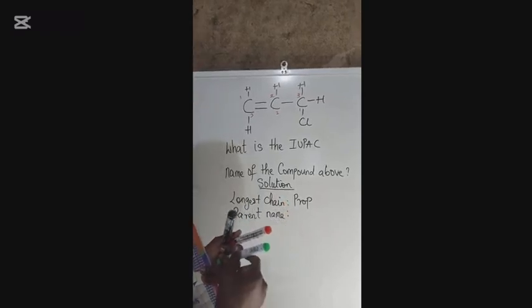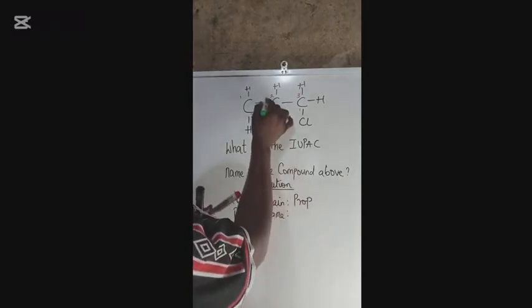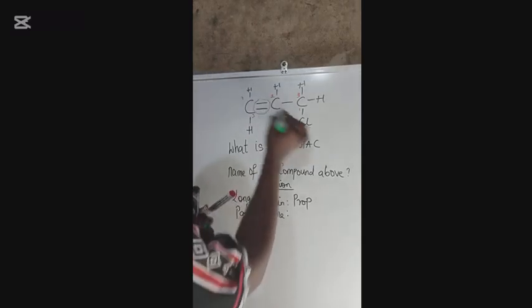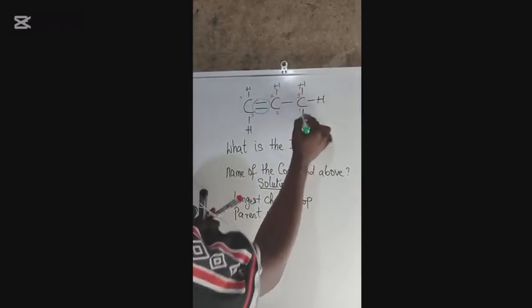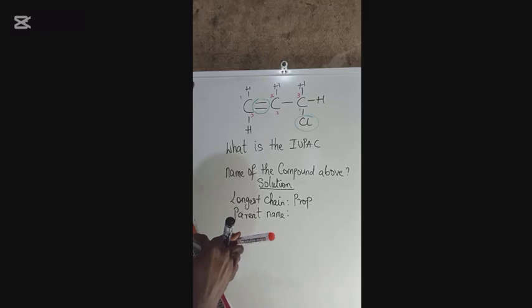Now, between the double bond and chlorine, the functional group that serves as the suffix is the double bond. However, I want to highlight the two functional groups present. We have the double bond, and we also have the haloalkane member, which is chlorine. The double bond is among the functional groups that serve as the suffix.